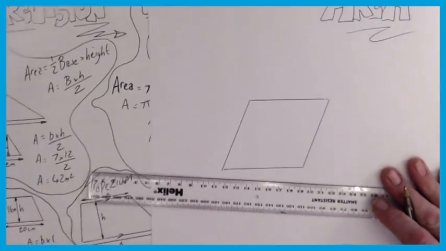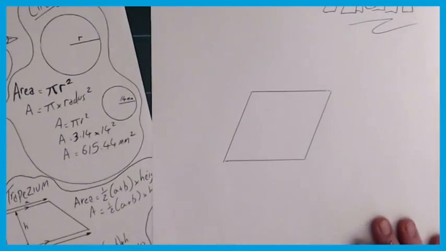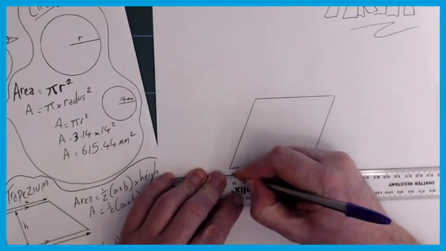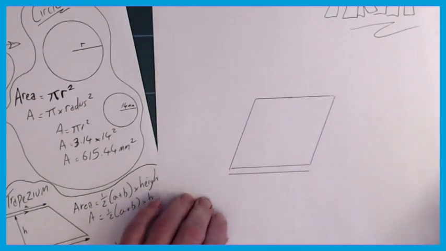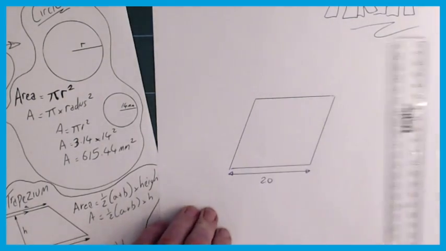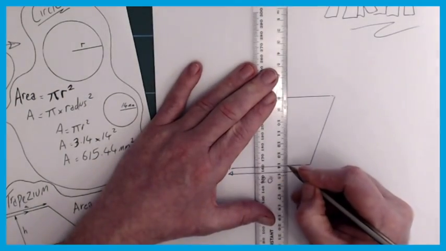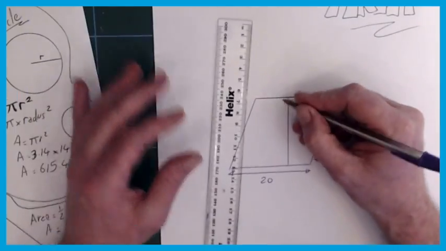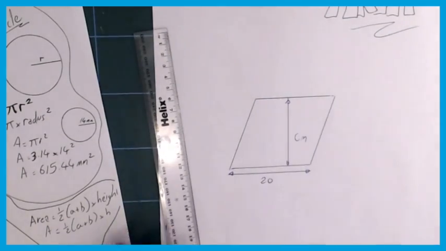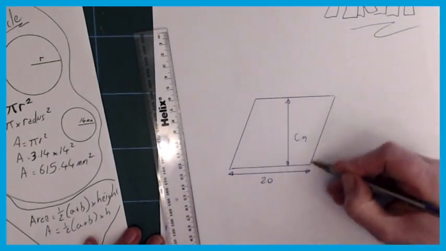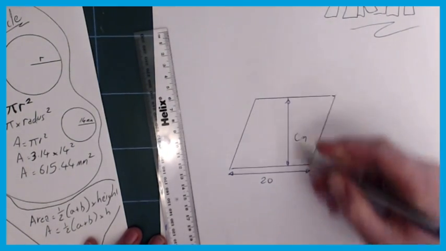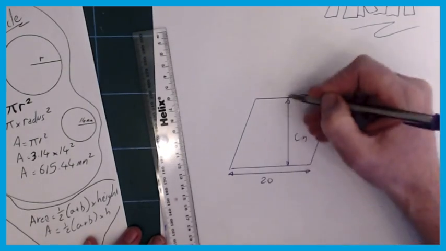So we've got this parallelogram, and the base is 20 centimetres, and the height is 11 centimetres. Quite often they will give you this measurement as well, just to confuse you a little, to see if you know the formulas. People times these together. It's not that length you want there, it is this length here.